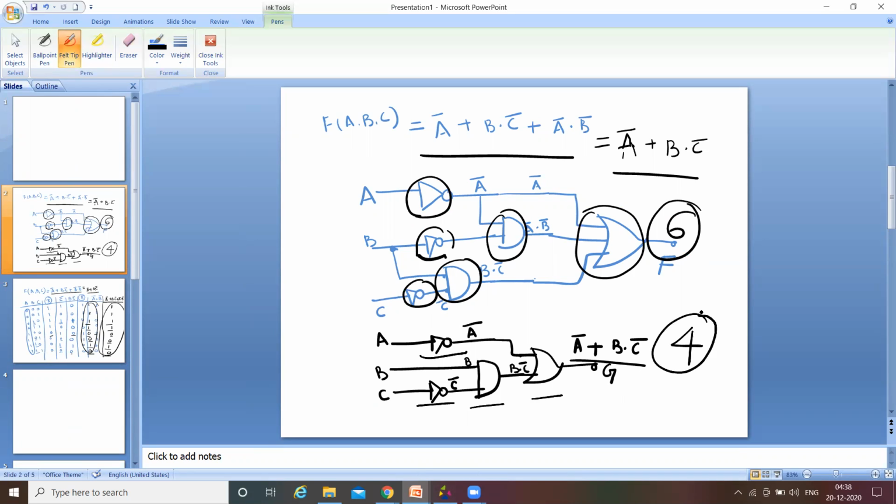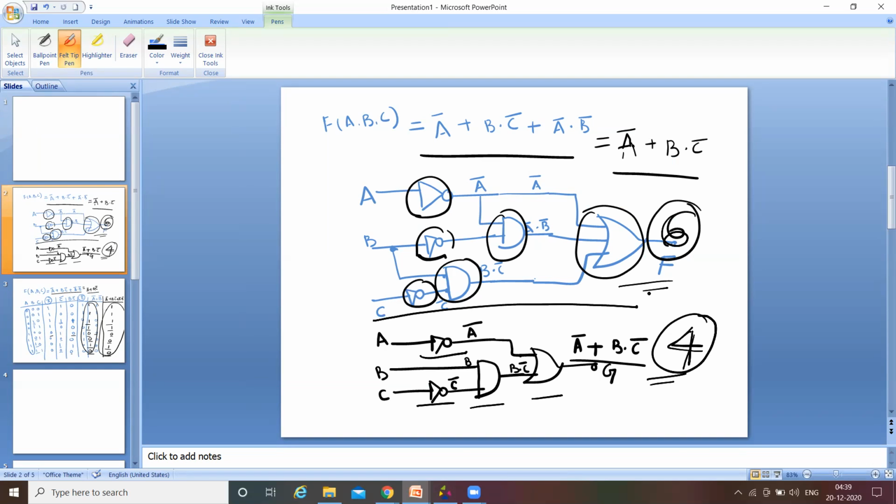And these two functions are doing the same work, but if we come to logical implementation using logic gates, here we require 6 gates and here we require 4 gates. Which one is more complex? Obviously the 6-gate circuit is more complex than the circuit with 4 gates.